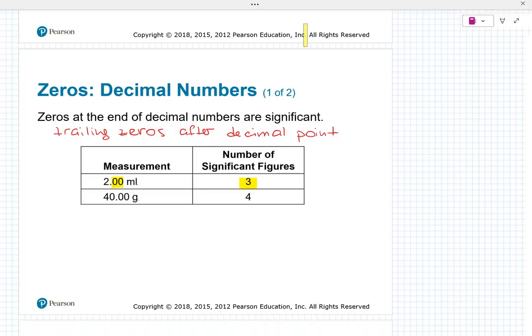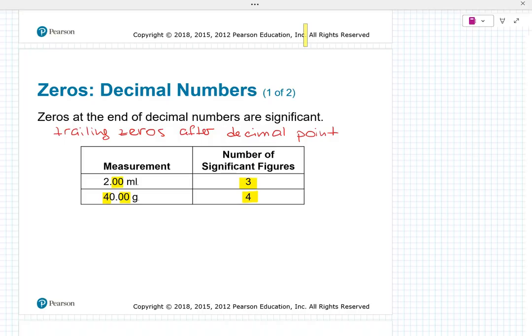Next one. These zeros are significant. This 4 is significant, which makes the 0 that I didn't highlight trapped, which means it's also significant. Therefore, 4 significant figures. Now, those of you who wonder, why the heck are we talking about this?